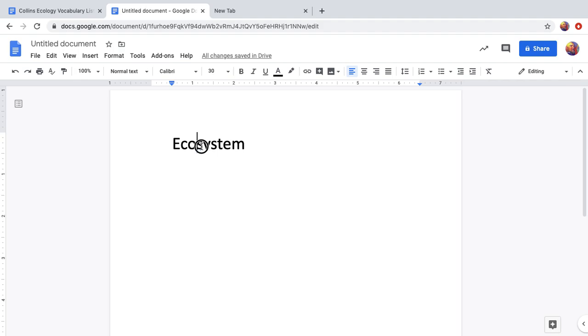An ecosystem must be a system related to our surroundings and our environment. Are there any other words you can think of that start with eco? Let's look at our next word.